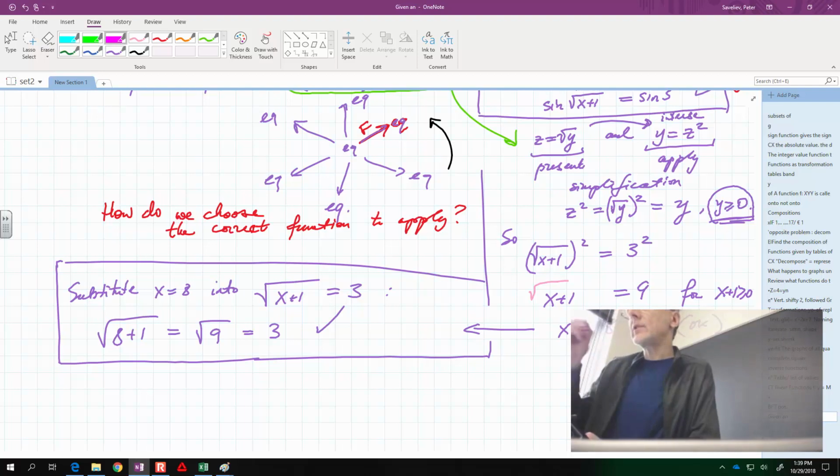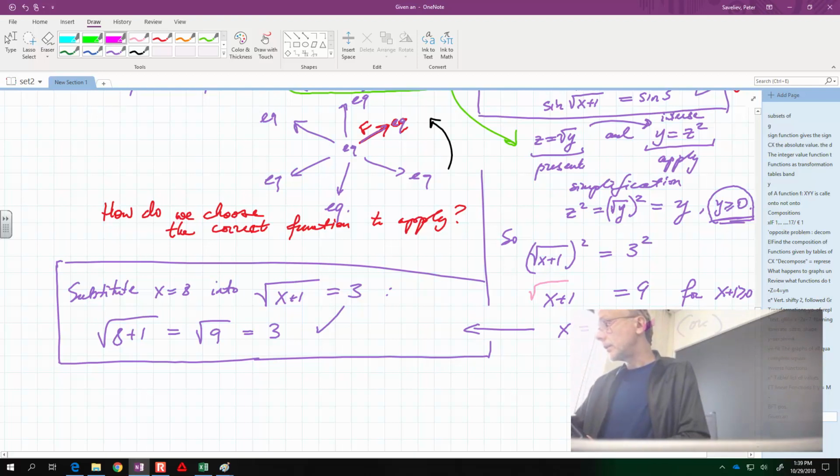Where is the trouble that might have produced multiple solutions? It was not here. This transition from x plus 1 equals 9 to x equals 8 is not a problem. It does not create problems of that nature. It is our square, since the inverse was only limited to these values of y, to these values of x plus 1.